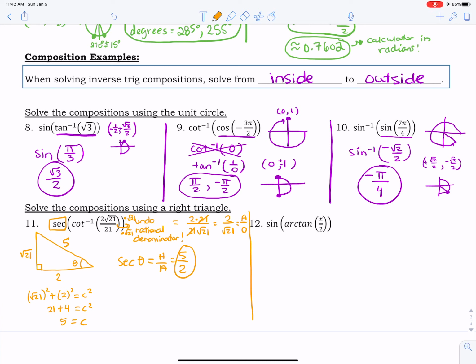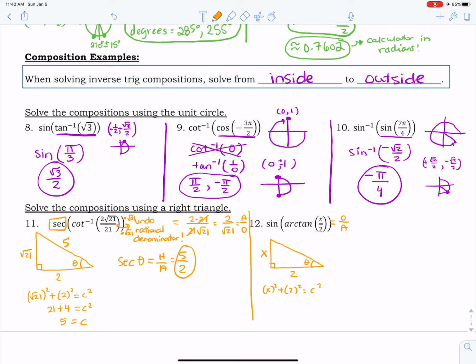Last one. Same thing. There's nothing to undo. We have single digits on top and bottom, so we just figure out what that is. Tangent is O over A. And now we do a triangle. The opposite is x. Adjacent is 2. X squared plus 2 squared equals c squared.